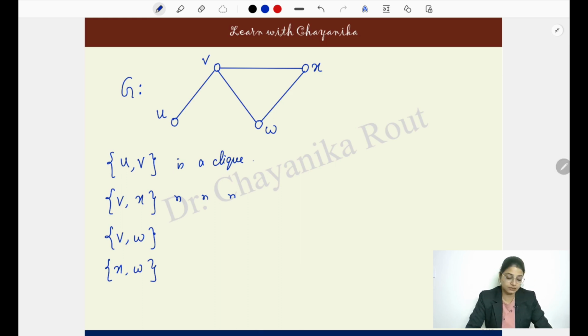How? For that we need to check if we can extend any of these cliques of size 2 any further. For example, let's start with the clique of size 2, UV. Is it possible to extend this clique further to a size 3? Now for that a new vertex has to enter.